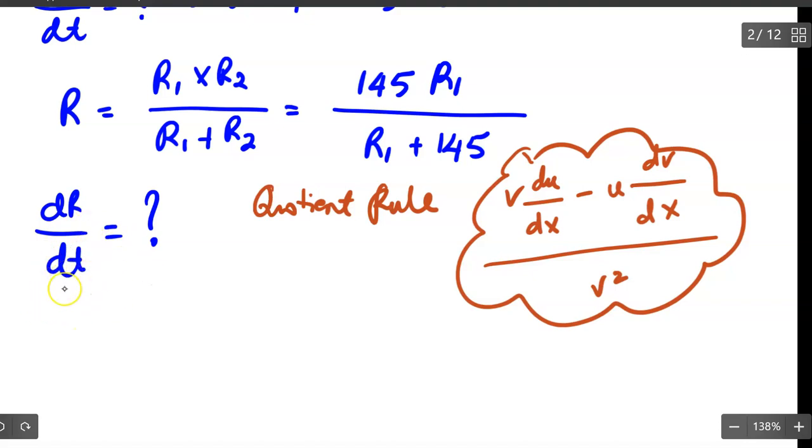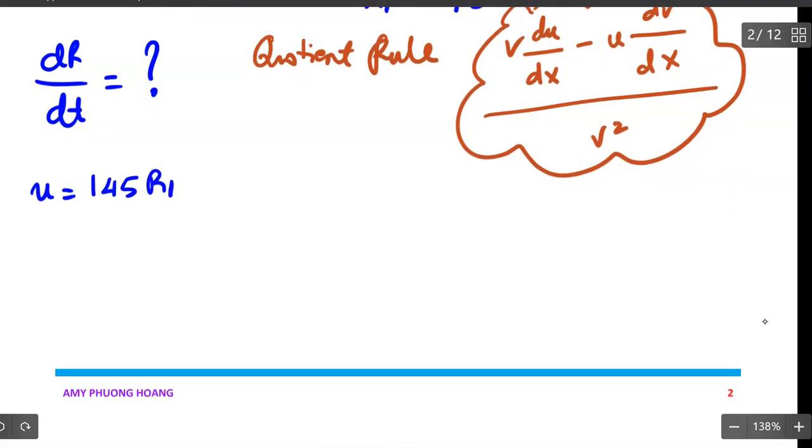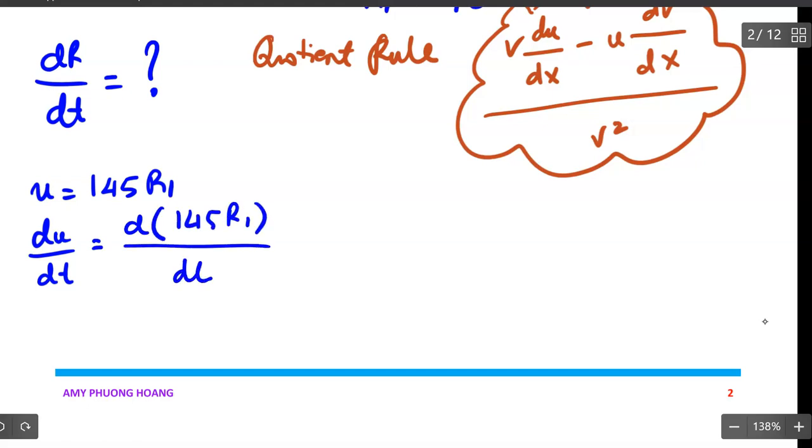So we differentiate implicitly. At the same time, we have to apply the quotient rule. Okay, so I'm going to identify u equal to 145 R1. And then that means my du over dt is equal to d of 145 R1 as a function with respect to t.